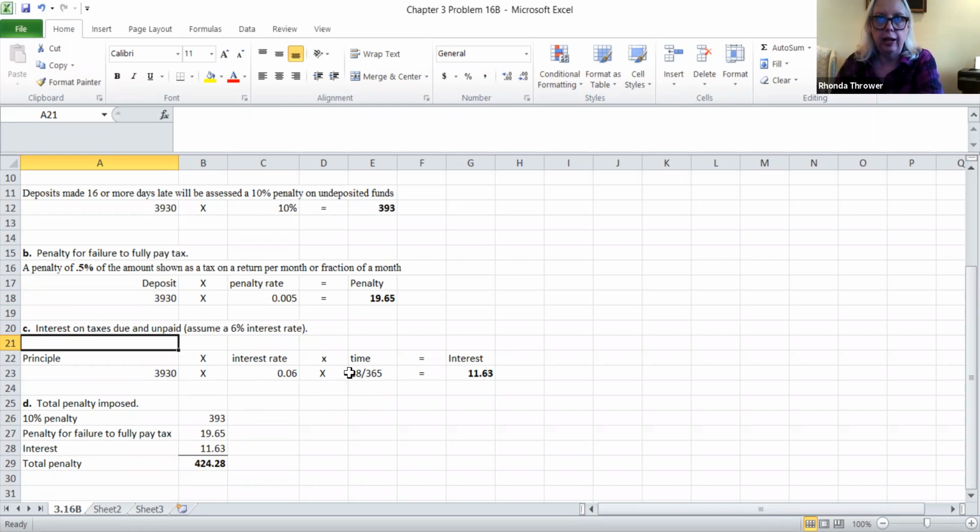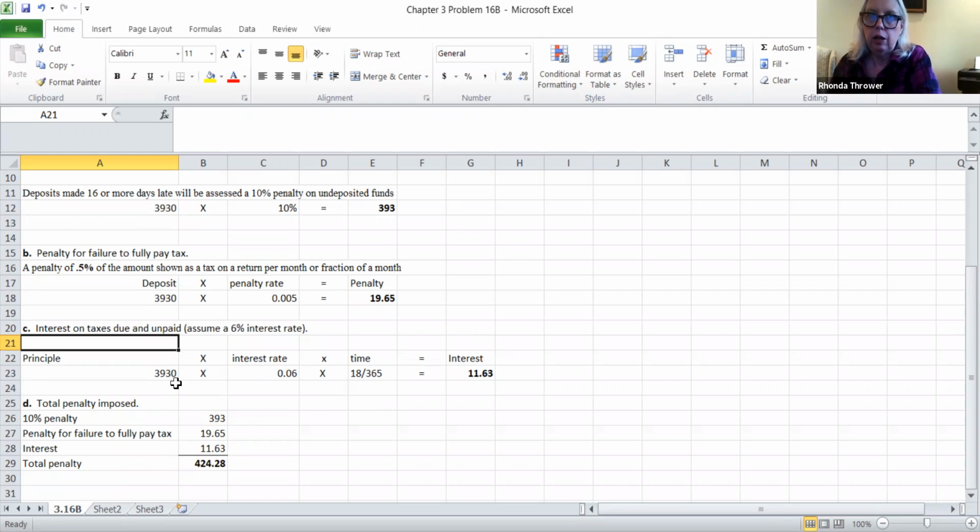Notice I used 18 days out of 365 days because this 6% is assumed to be an annual rate of interest. It was 18 days late because they told you that they did not pay it until August the 2nd, which was 18 days later. So they're charging interest from the time it was due until the time that they made the payment.